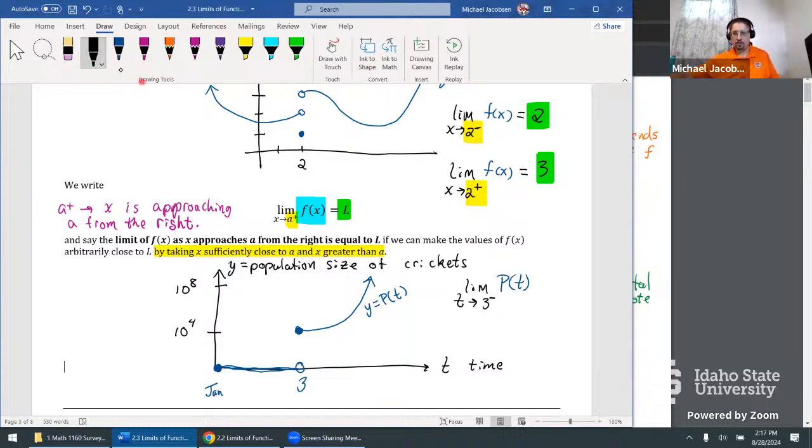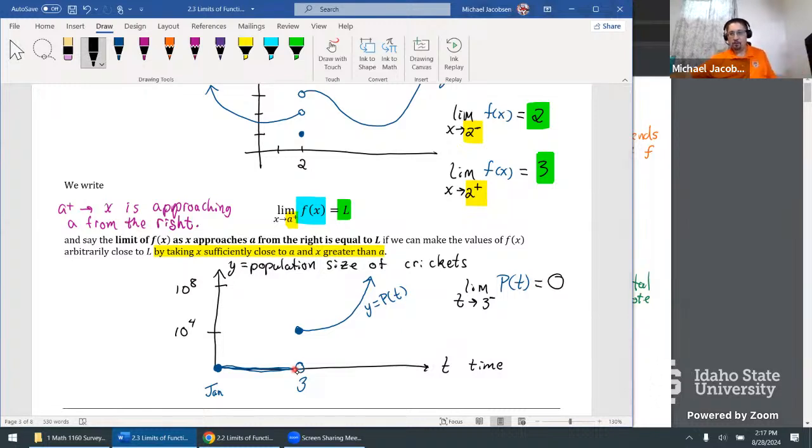So if we took this limit right here, any volunteers for what this one should come out as if it's 3 coming in from the left? Yep, absolutely. This should be a 0 because as we come in from the left, the height of this curve representing the cricket population stays 0 the whole time, never changing. So this would be a 0 here.